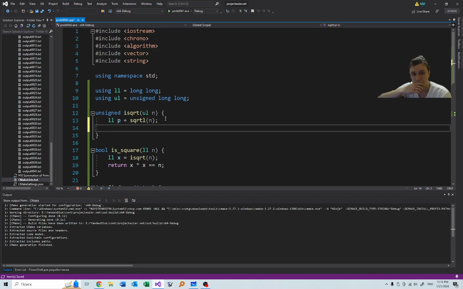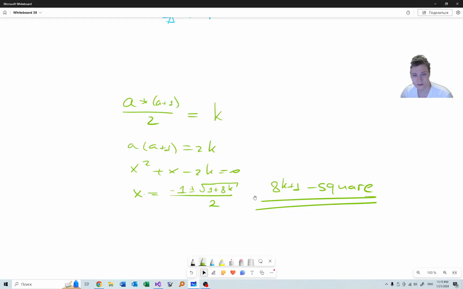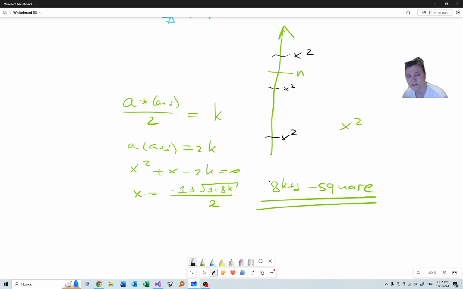Then, so what do we have now? So this is our number line, this is our number n, and x squared is somewhere. So there are three cases. It can be here, it can be here, and it can be the correct answer, or it can be here below the correct answer.